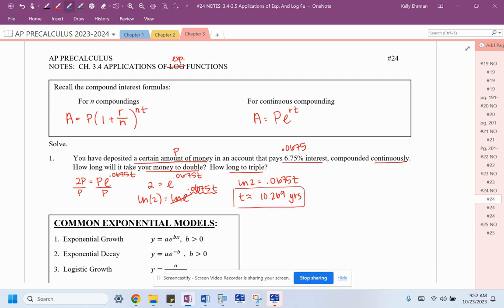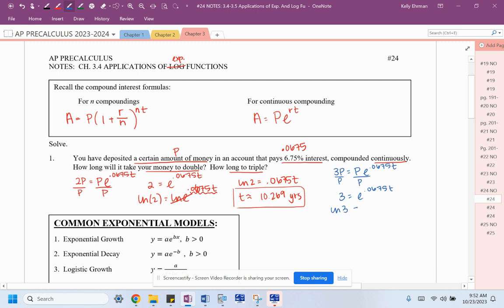And then the question also asked about tripling, so again, if you invest P dollars, you're looking for your equation to equal 3P, same interest rate. I'm going to divide by P. It's okay with me if you set this up to begin with as 3 equals e to the rt. That's fine. The math is going to be the same, so I'm not going to show every step here.